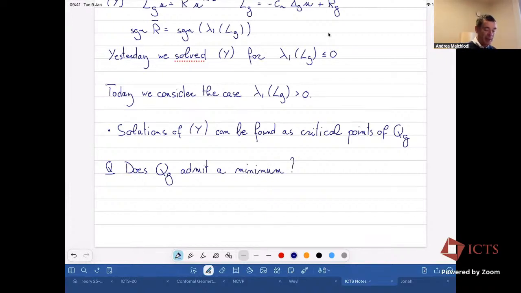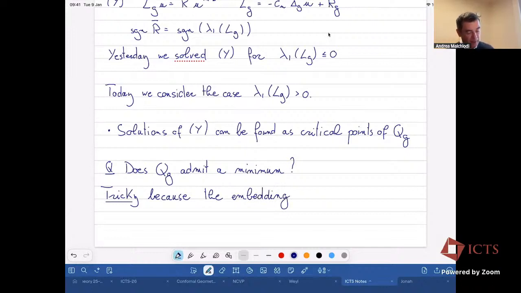Okay, so this is tricky because we have an embedding, a Sobolev embedding.